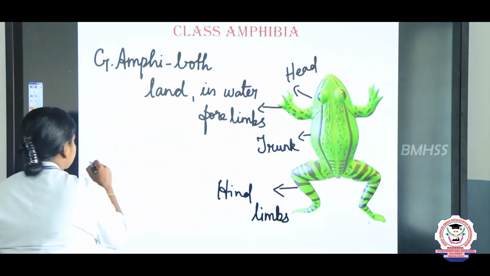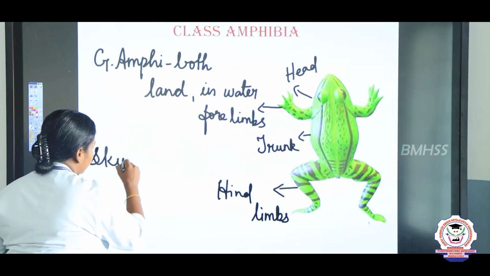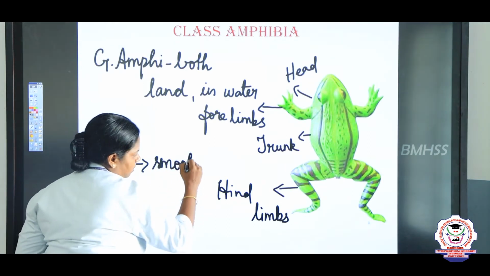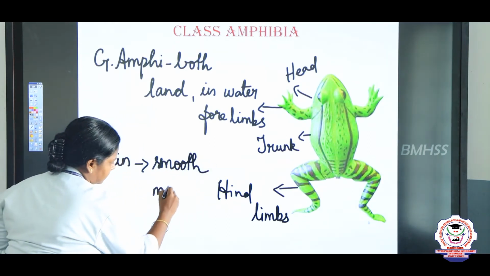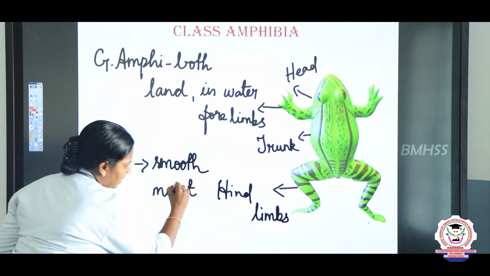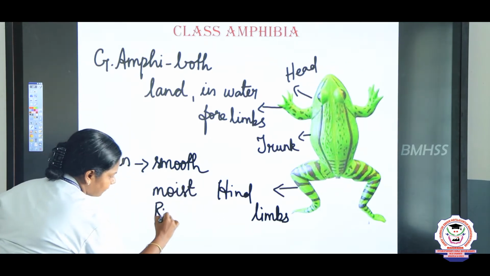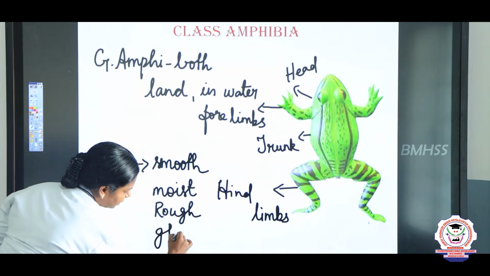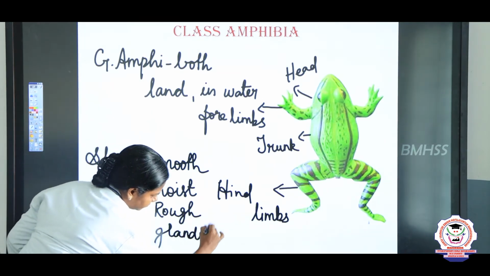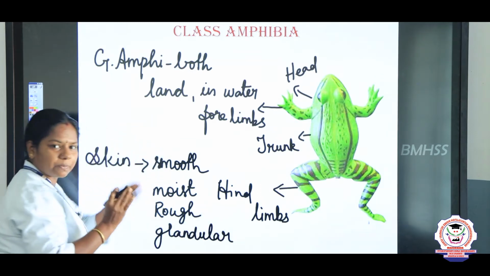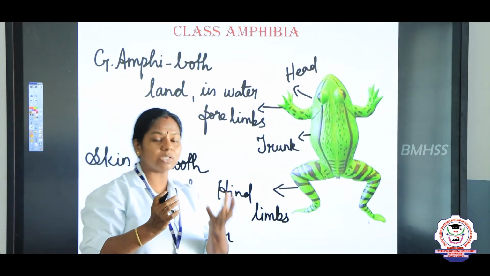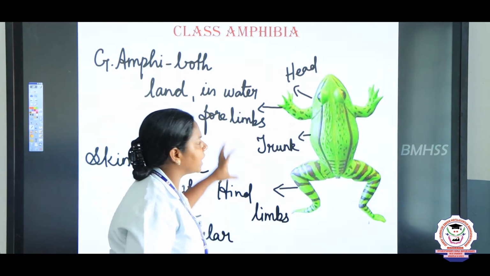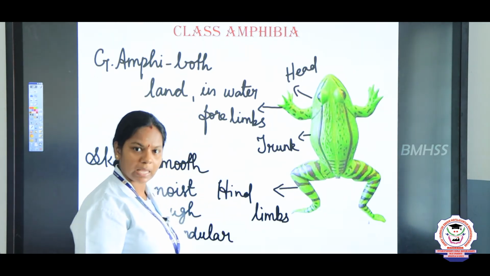So according to the skin, some may be smooth and moist, or some may be very rough and glandular. Some frogs look very ugly due to that nature of the skin. So these are some of the important characteristics of the amphibian.